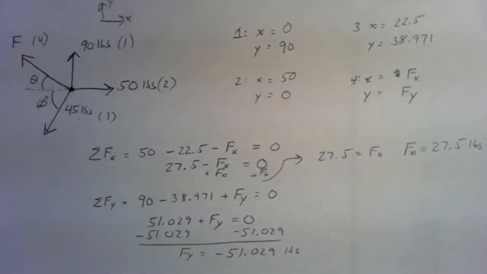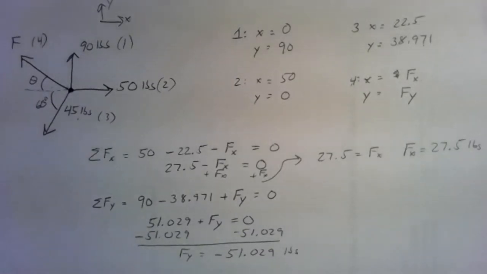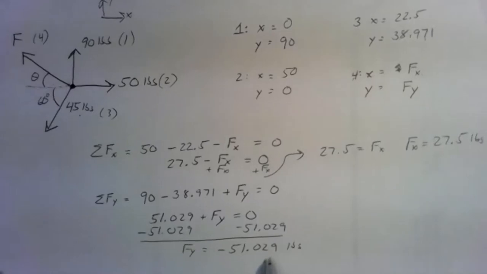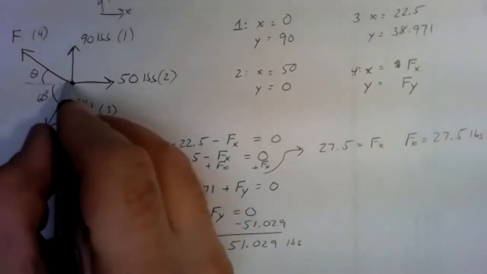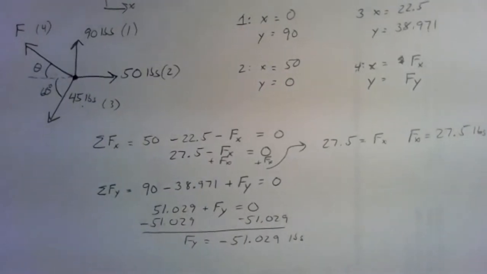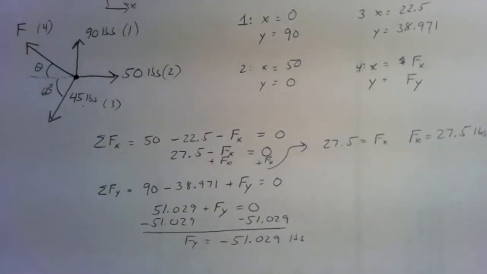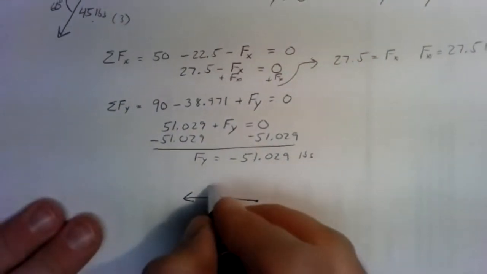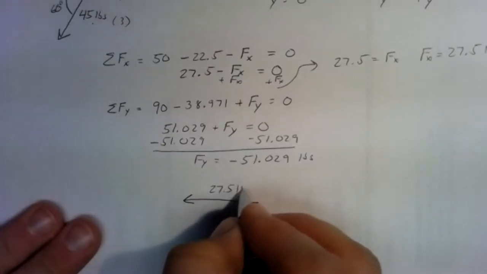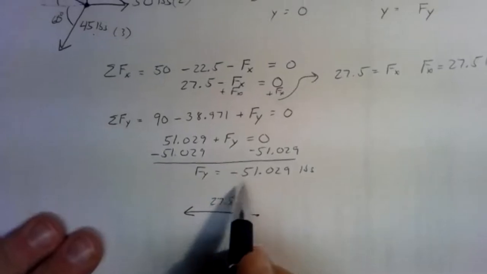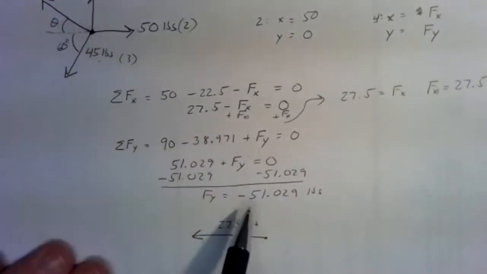So here's how we can finish up our problem. We can find our magnitude and find our direction, taking into account this negative. So I'm going to redraw it. Since I'm dealing with an angle in reference to horizontal, I'm going to go x first, then y. I know my x component is to the left, and it's 27.5 pounds. I know now my y component should be down, not because I got a negative here.